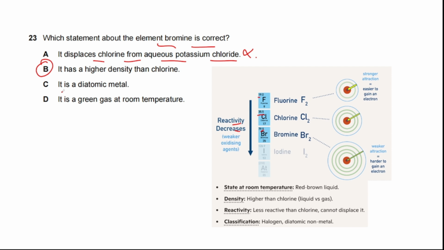Then option C, it is a diatomic metal. It's diatomic for sure, but it's not a metal. This is a non-metal element in group 7. Then option D, it is a green gas at room temperature. It's basically a liquid. Chlorine is a gas, but bromine is a liquid, and it has a red-brown color. So the correct option is option B.